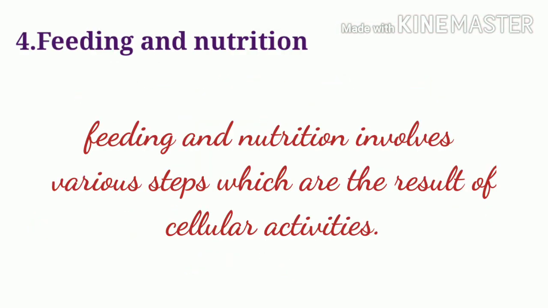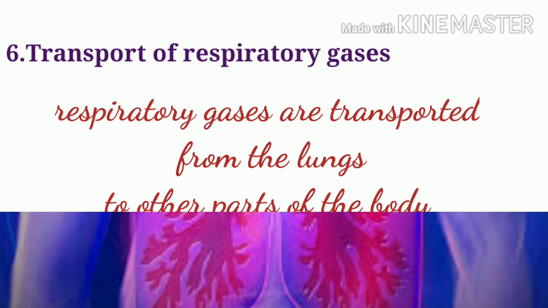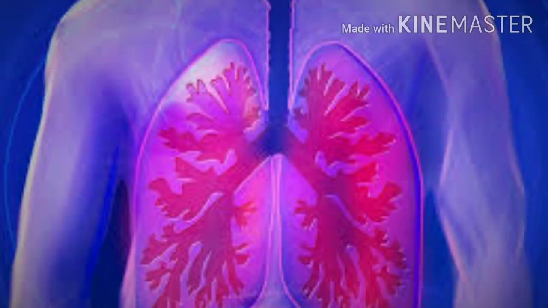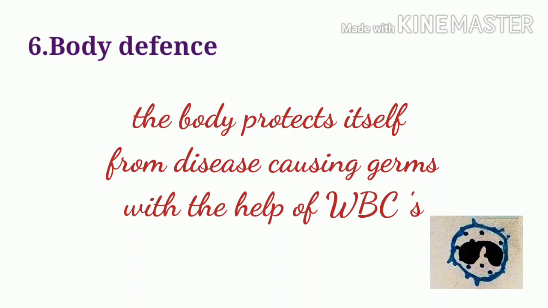All the steps of feeding and nutrition is the result of cellular activities. Respiratory gases are transported from the lungs to other parts of the body by the blood cells. The body protects itself from disease-causing germs through certain cells called WBCs, which engulf the germs or which give out antibodies and antitoxins to kill them or to neutralize their effects.